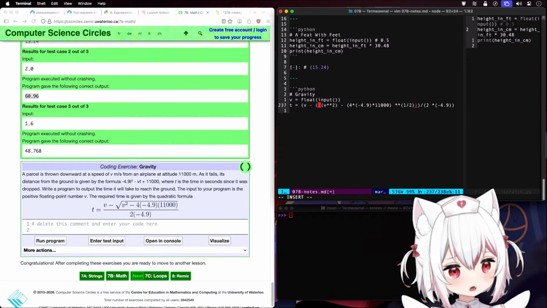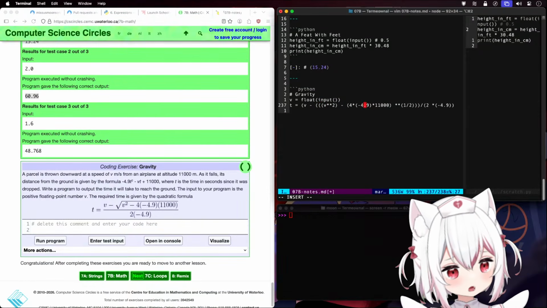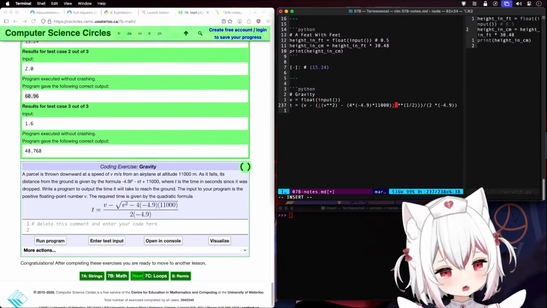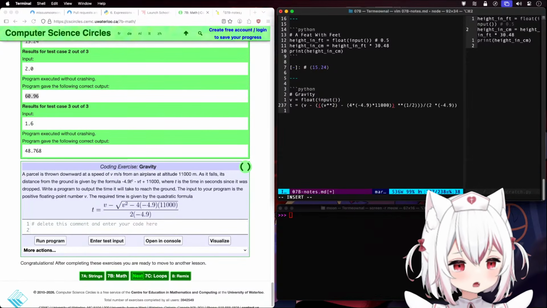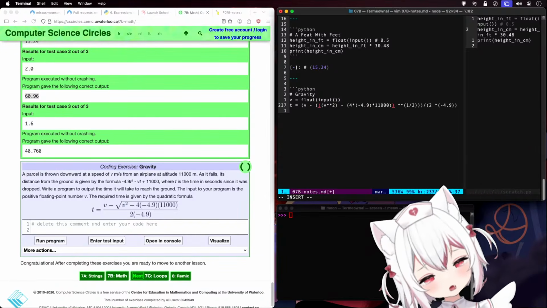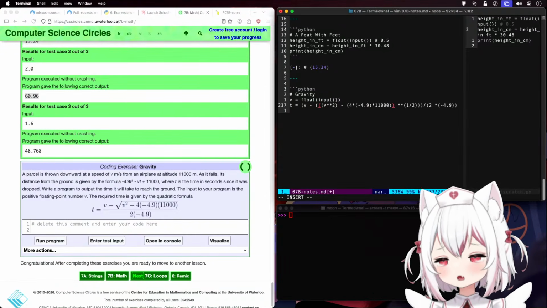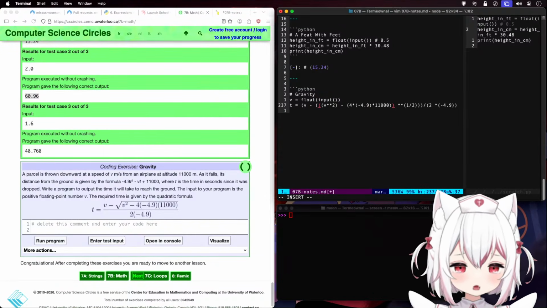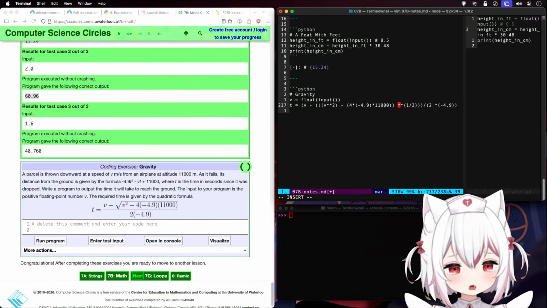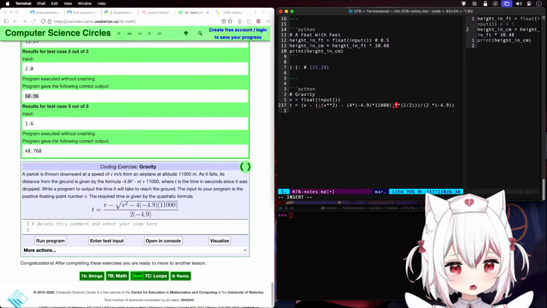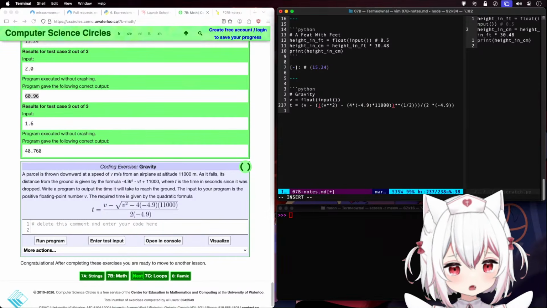Something went very wrong. What is this? Missing a parenthesis. And then all of this raised to the 1/2. Right?